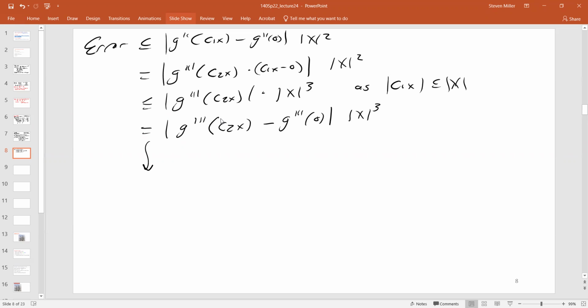And now we continue the shampoo mathematics, and eventually this is going to be less than the n plus first derivative at some point cnx times x to the n plus 1.